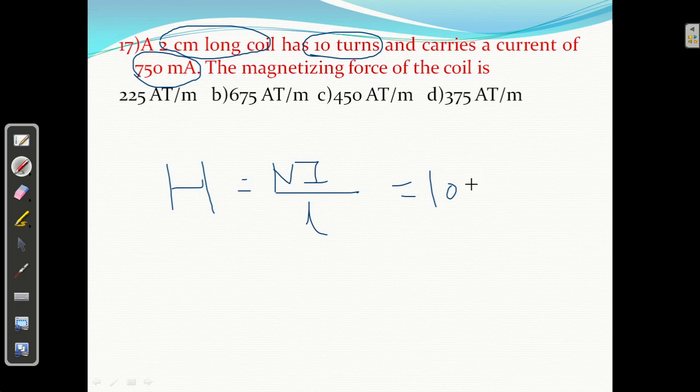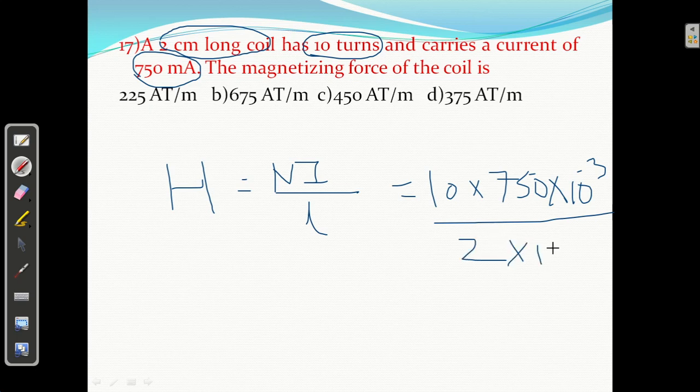I is given 750 milli, milli means 10 raised to power minus 3. Length is given, 2 centimeter means 2 into 10 raised to power minus 2.